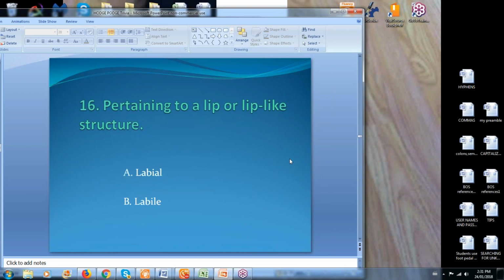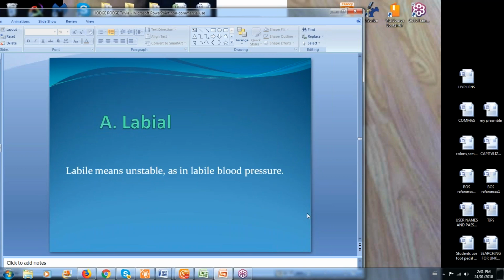The account specifics will always trump book of style rules, so just know that. Okay, let's see what the answer is. A, labial, L-A-B-I-A-L. The other one, L-A-B-I-L-E, means unstable, as in labile blood pressure. Sometimes you'll hear them say that in the physical exam section.